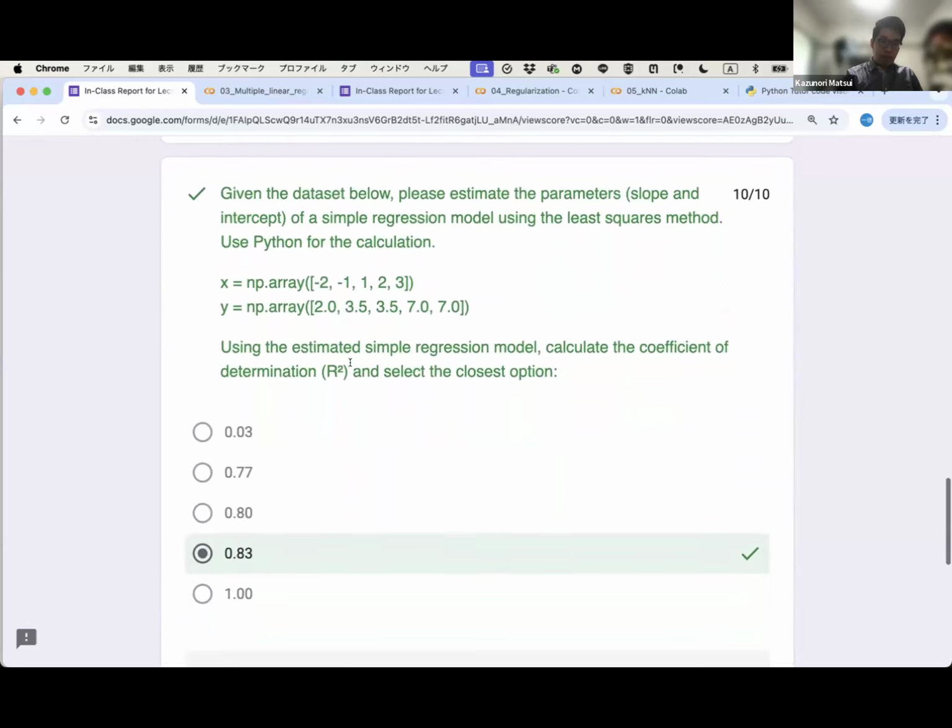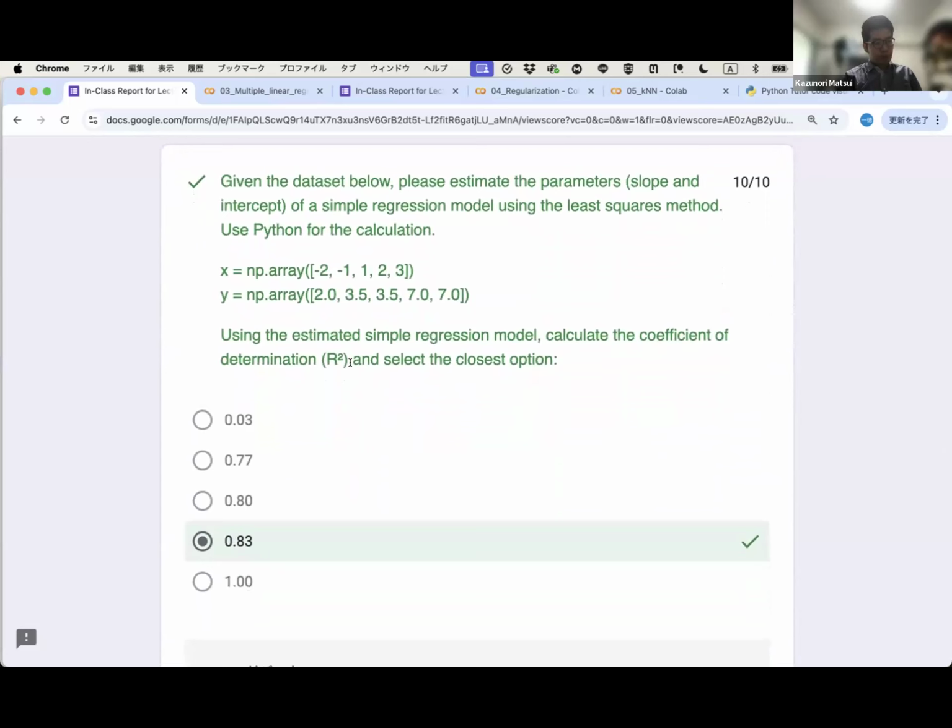The last problem. This asked you to estimate using the least square method and calculate the coefficient of determination.